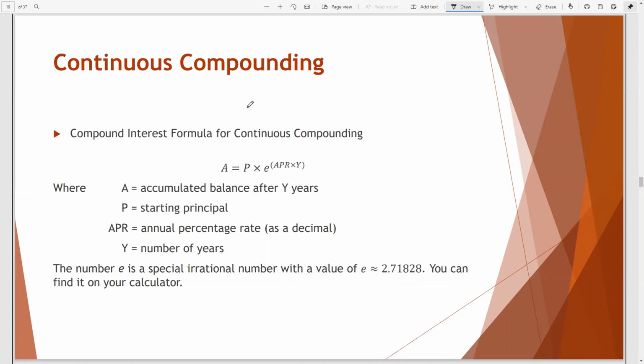Not every day or every month, but every moment, much smaller than a second. Every moment it is increased. But the limit is not infinity. The limit is e to the APR times y.